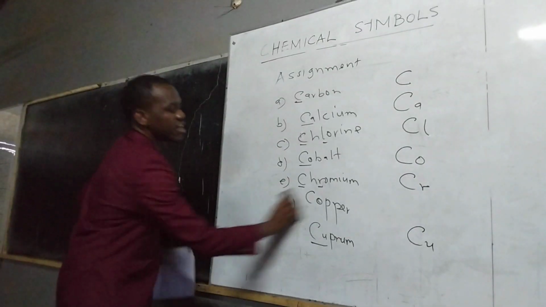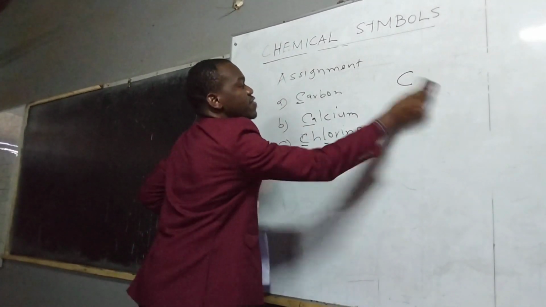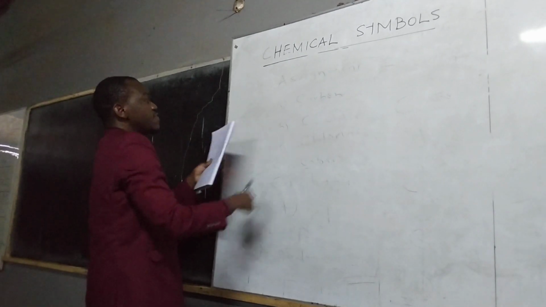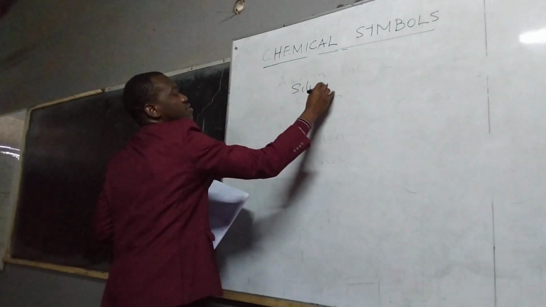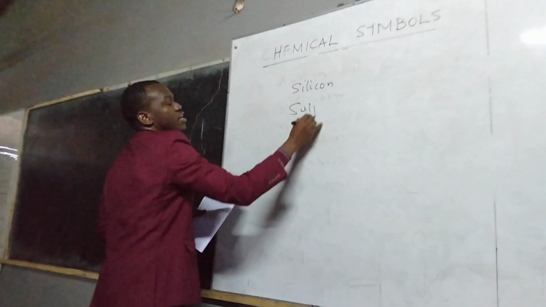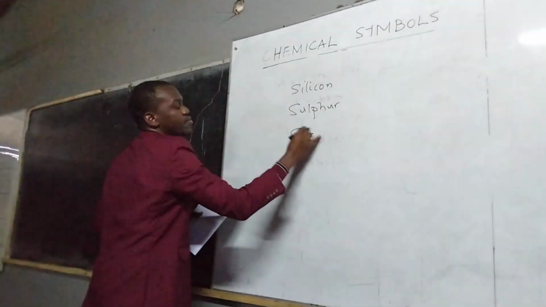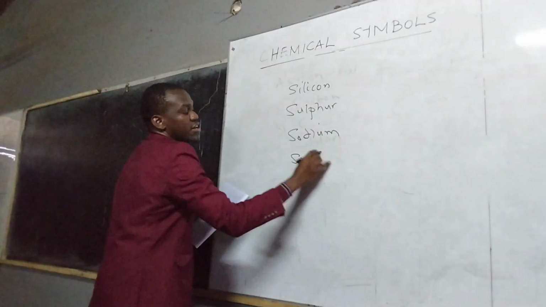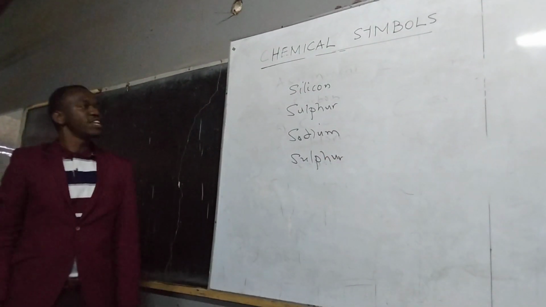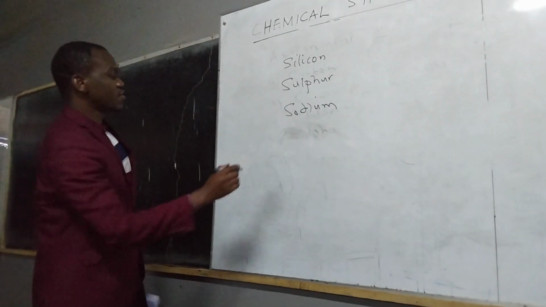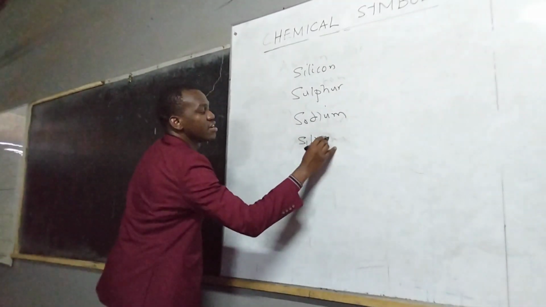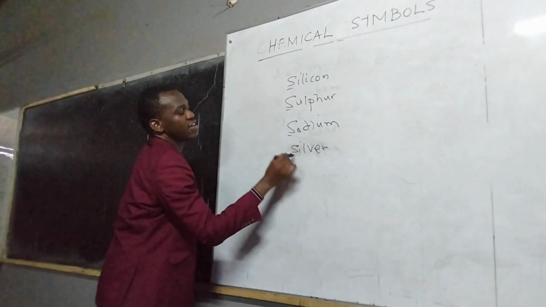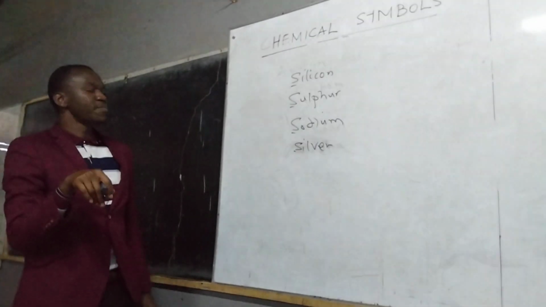We have some other elements that also start with the same letters. For example, silicon, sulfur, sodium, and silver. You notice that all of them start with the same letter, S, but they don't have the same chemical symbol.